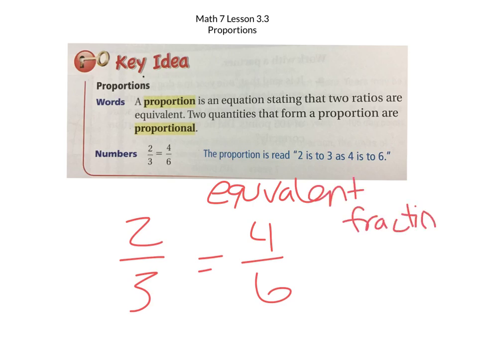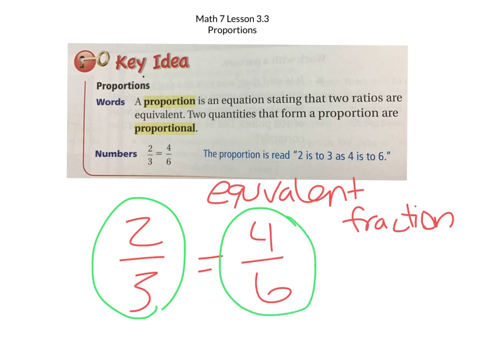So all a proportion is, is an equivalent fraction. You're stating that two ratios are equivalent. You can also say the phrase two quantities that form a proportion are equivalent. So bottom line, if I were to reduce both of these, they're going to end up being the same fraction. In this case, it would be 2/3.